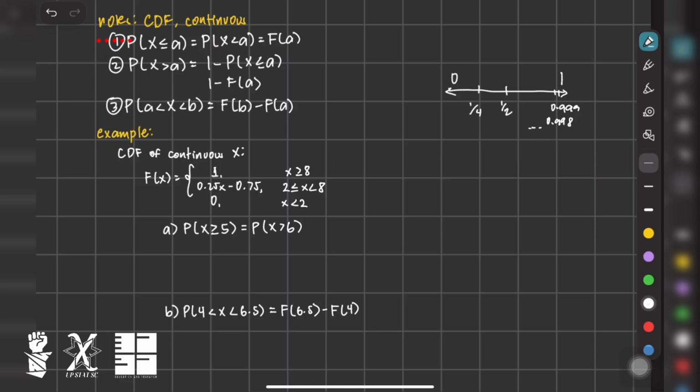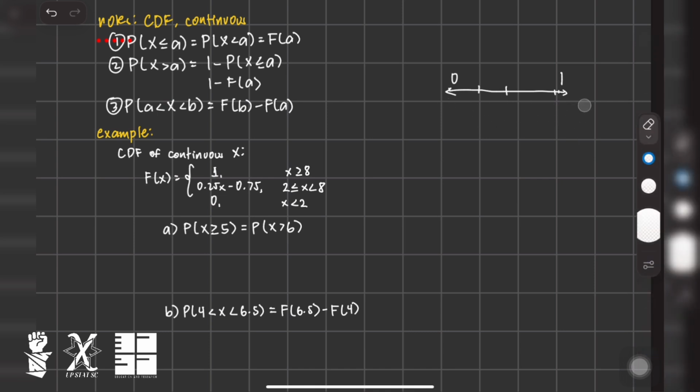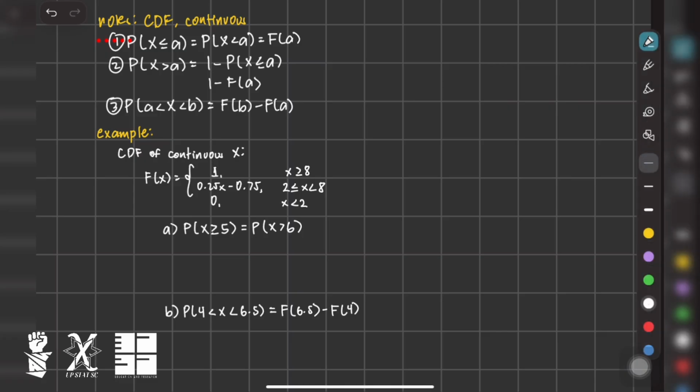Basically, you have an infinite number of possible numbers between 0 and 1. So that's an example of a continuous variable. When we apply this here, the properties of your cumulative distribution function would change when your variable is continuous compared to discrete.